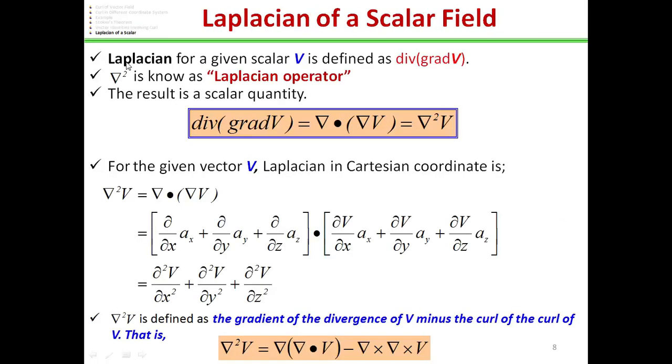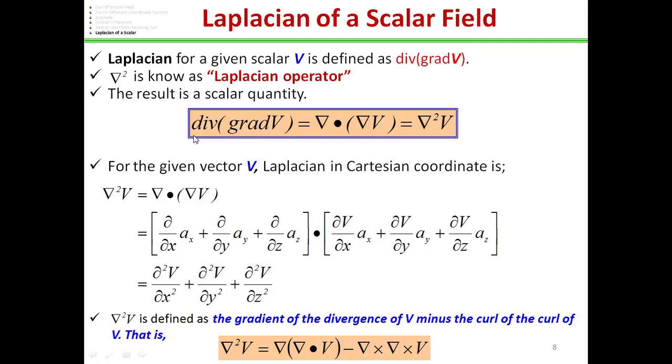The Laplacian of a scalar function V is defined as the divergence of the gradient of V. The Laplacian operation has the symbol del square. The Laplacian of a scalar results in a scalar.